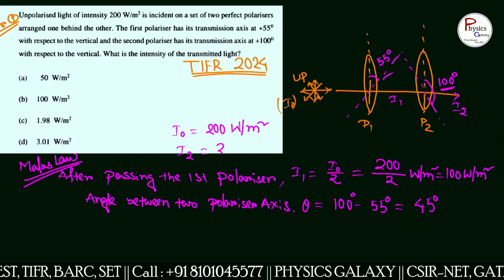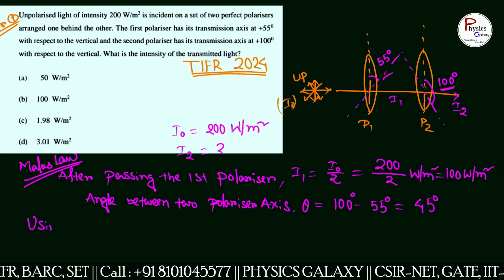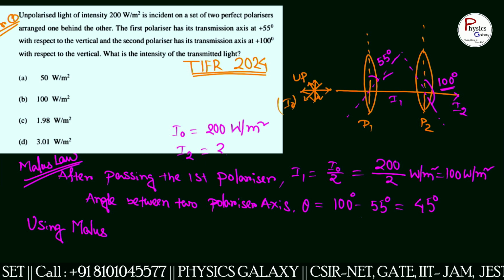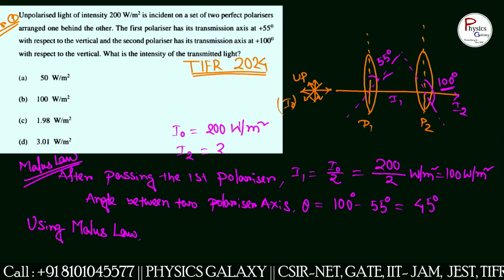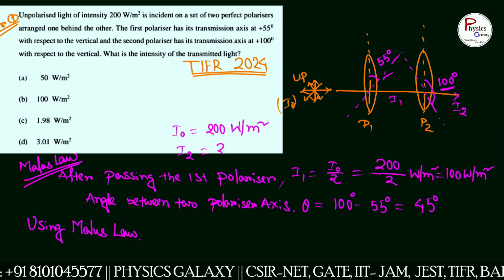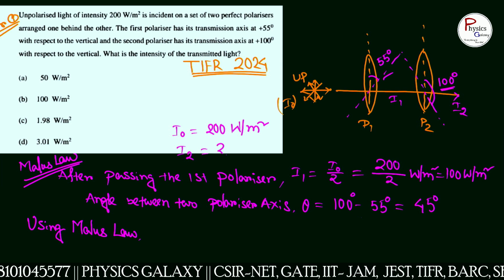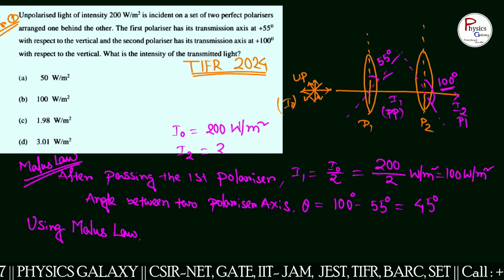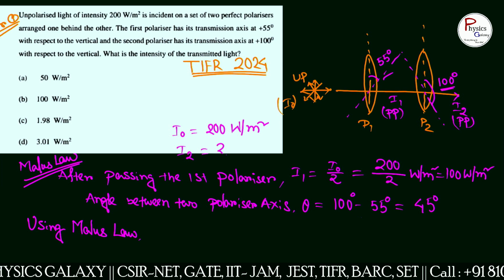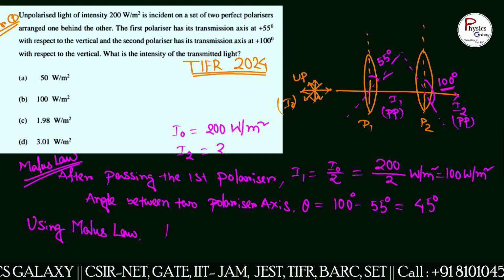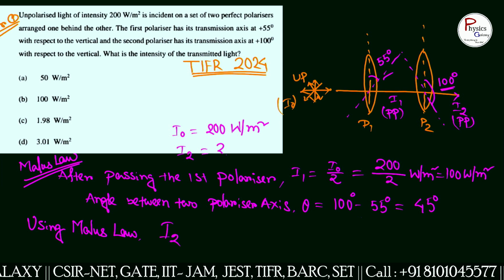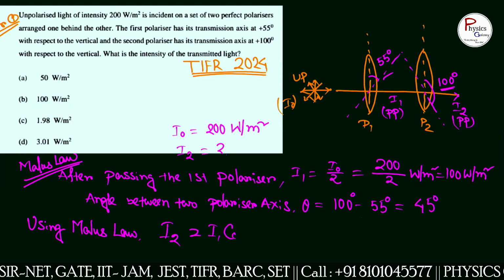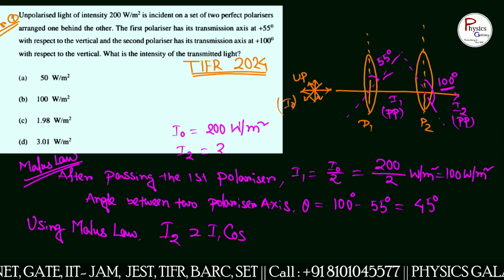Now again using the Malus law concept, the light I1 after passing P1 was plane polarized. Using Malus law, the intensity of the transmitted light after P2, I2, will be I1 cos square theta, where theta is the angle between the two axes of the polarizer.